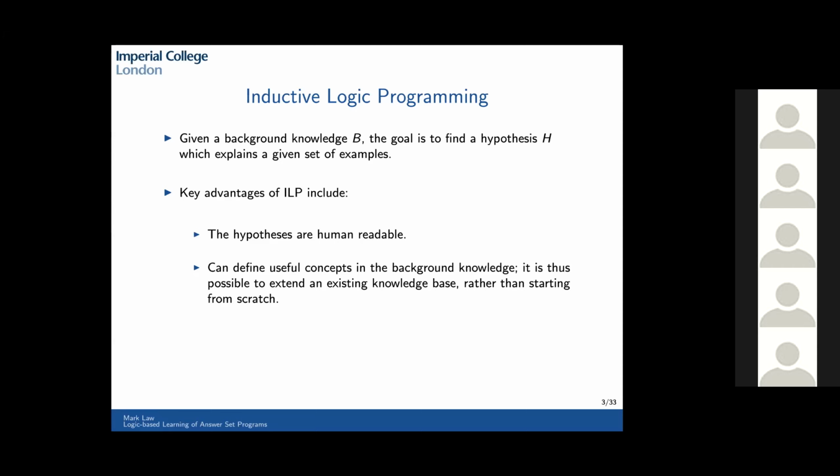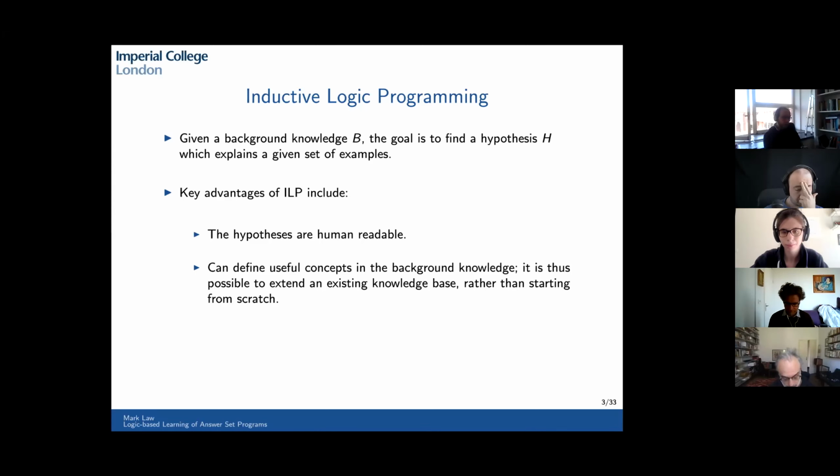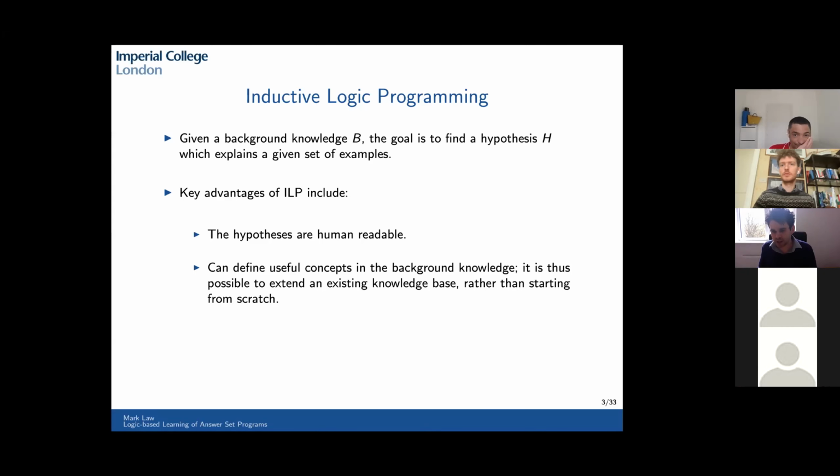And so this means that we could easily translate them back into English or Italian, I suppose. And we can define useful concepts in the background knowledge. So this means that if we already know some of the concepts that support the concept we're trying to learn, we can encode them in the background knowledge, and then rather than having to start from scratch, we only learn the pieces of information that we're missing.